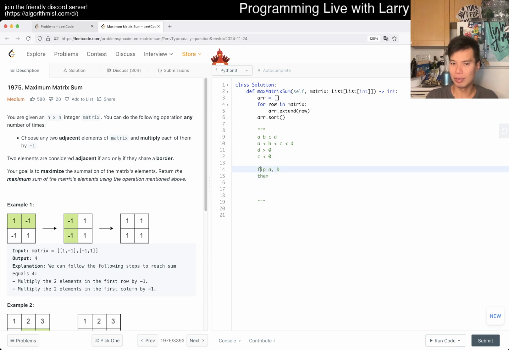Or would you flip BC and then check AD, right? I guess those are the 2 schools of thought, and it all comes down to B, in this case, the B doesn't come into play, right? So you might as well remove it, right? And the reason is because we just flip B no matter what, right?